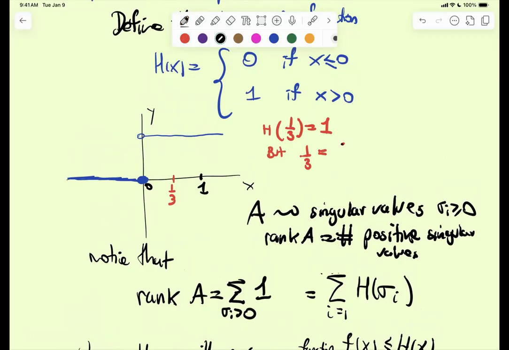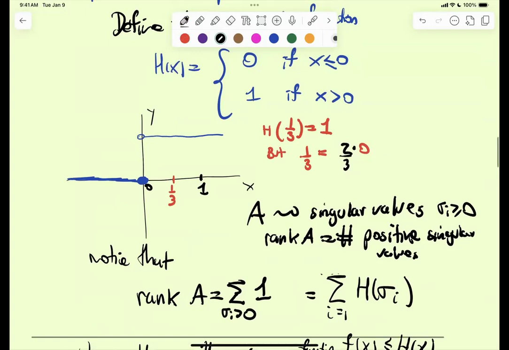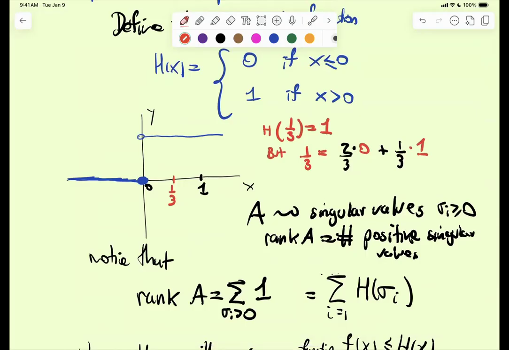It's 2/3 times 0, okay, this sounds silly, plus 1/3 times 1, right? We're okay with this equation, right? It's kind of tautological, but 2/3 and 1/3 are the weights in the convex combination. So one is t and the other is 1 minus t.